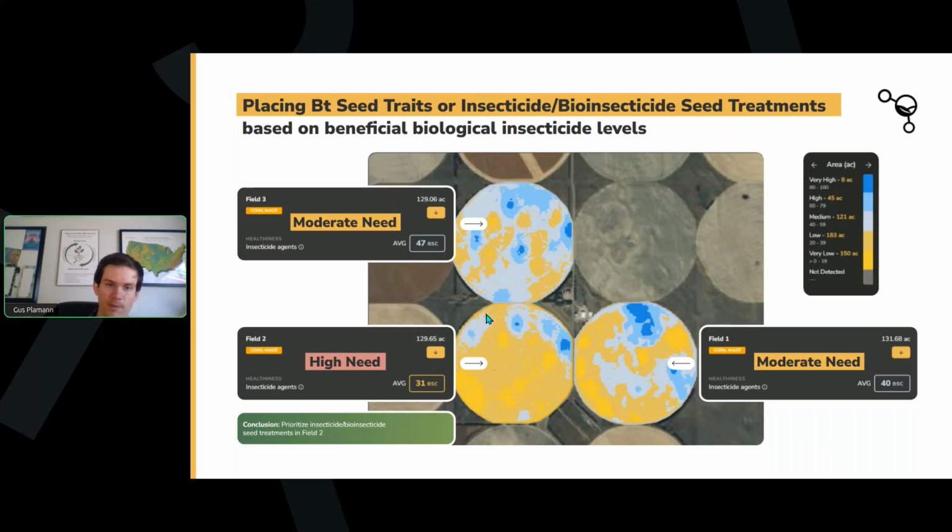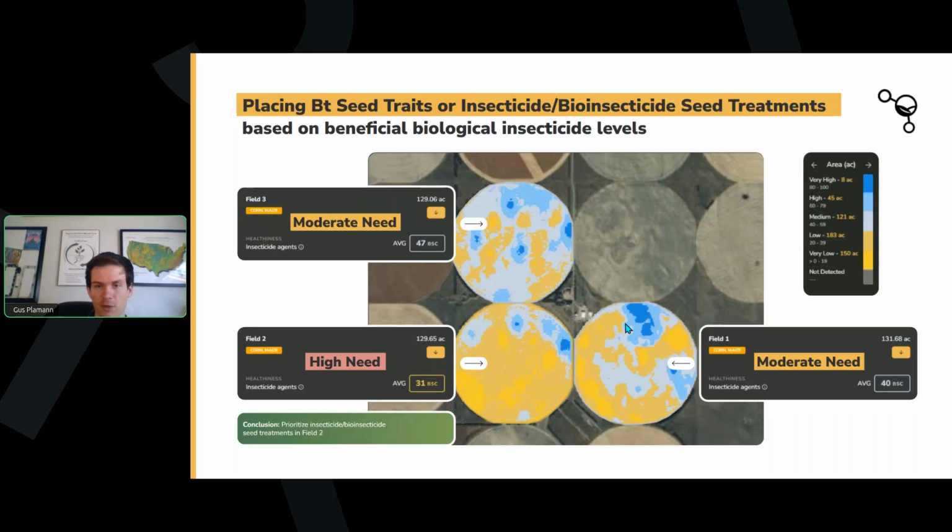But field 2, this is a field where you'd want to prioritize some of these, either BT seed traits or insecticide and bioinsecticides across the vast majority of the field, since most of it is scoring pretty low. Therefore, there's not really a lot of natural disease or natural insect suppression going on. So field 2 is definitely the one where it would make sense to prescribe some of these tools to help deal with insects and just give the crop more of a bolster its ability to deal with some of those insects.